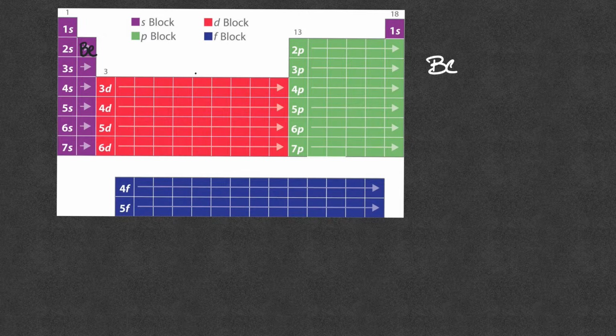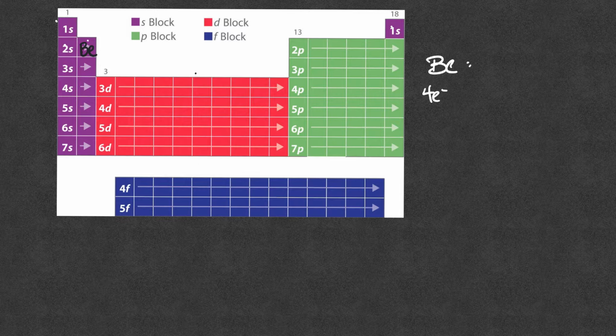You can count this out: 1, 2, 3, 4. When we write the electron configuration, we have to make sure that we show there are 4 electrons. The first thing you want to do is always start from the top left, much like reading a book. When you have words in a book, you start on the top left and read all the way through to the right. Once you're done with the right, then you move on to the next line. Writing electron configurations is the same exact process.